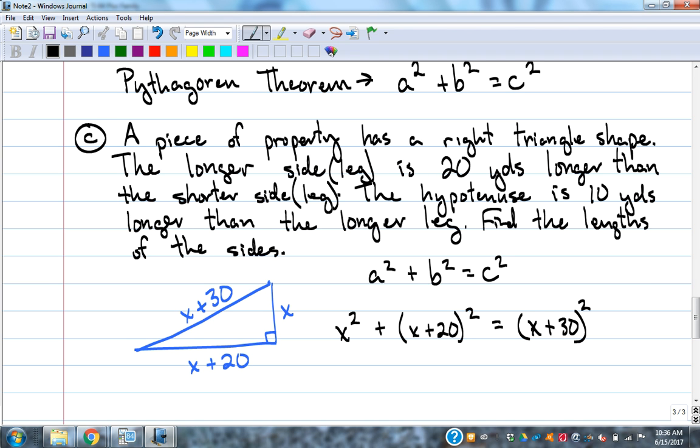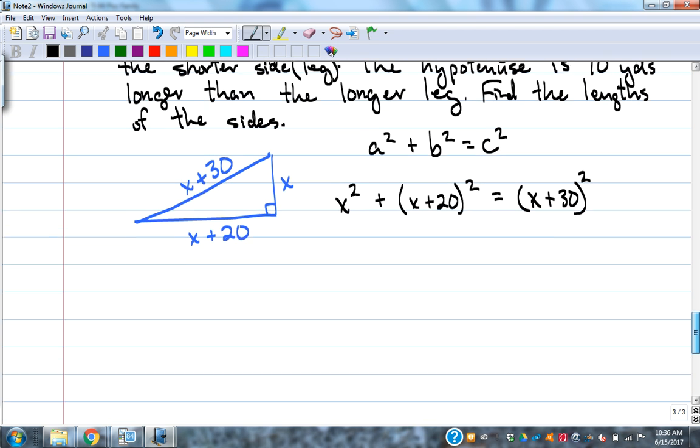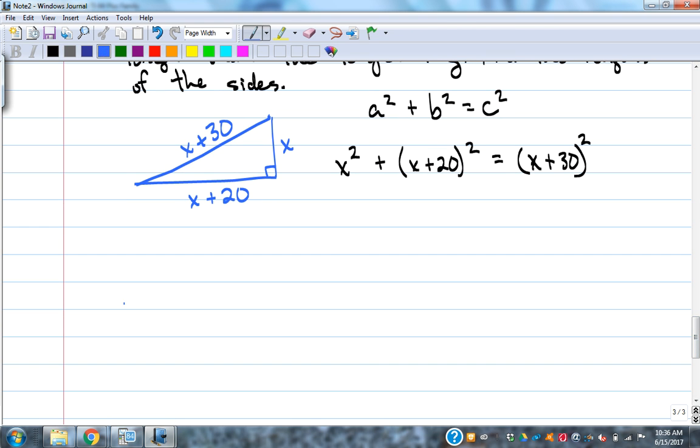And when you're dealing with this problem, we're going back to that multiplying polynomials and adding, subtracting polynomials that we had done last week. So this is a really good problem to review everything we've done so far, honestly. That's why I picked it. Let's multiply out x plus 20 squared.